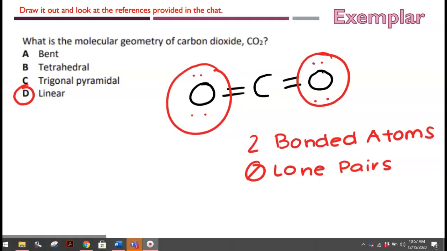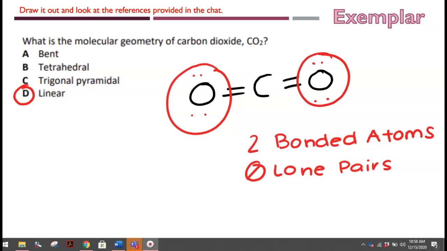When you're looking at your VSEPR chart, you have the total groups of electrons, which is the steric number, the number of attached atoms and lone pairs on the central atom. Then you have your bond angle here, where it says number of bonding directions.